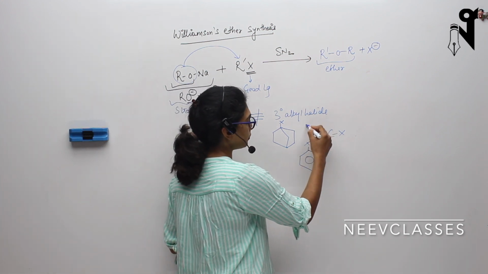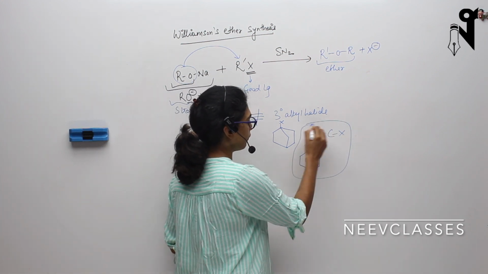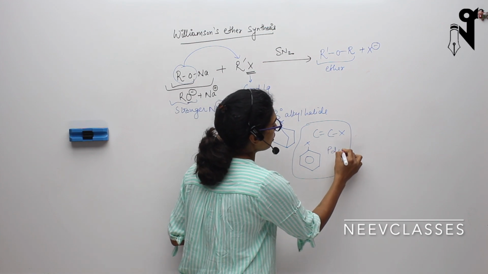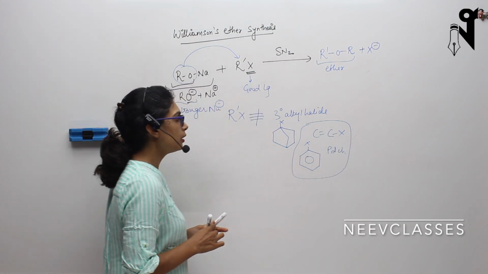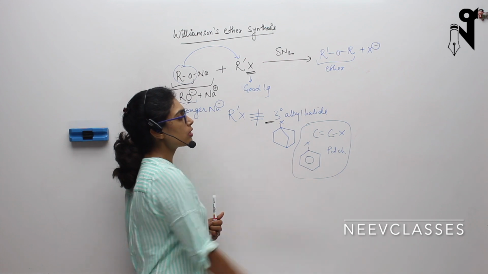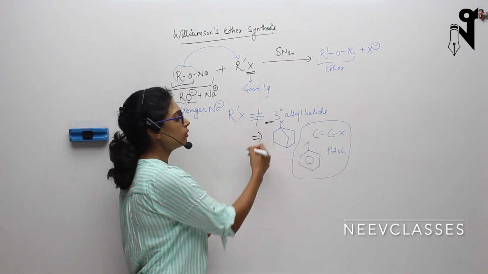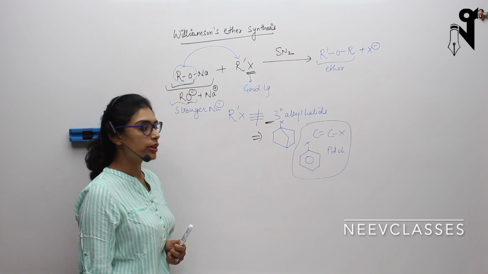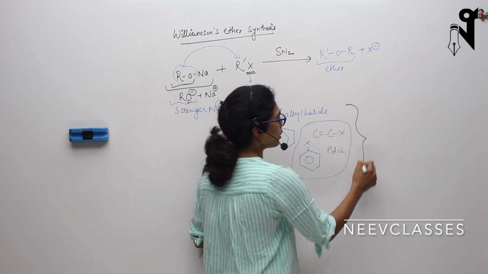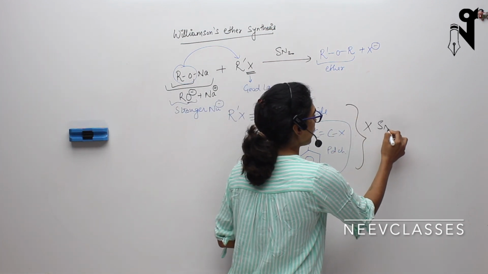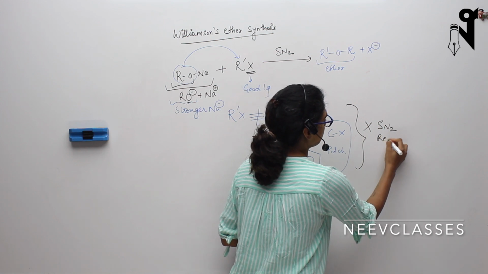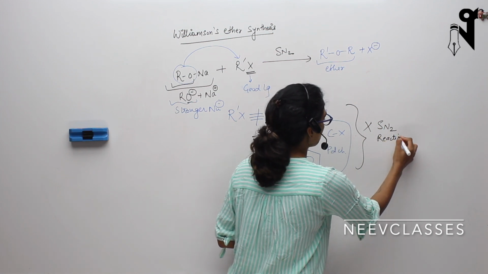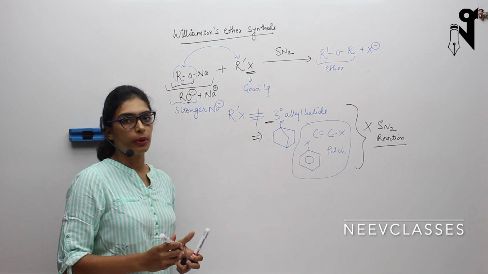These will have PDCH, partial double bond character. Tertiary will not do SN2, and bridgehead also does not participate even in SN1 or SN2. So all of these will not go through an SN2 reaction. In any other case, the reaction will go forward normally.